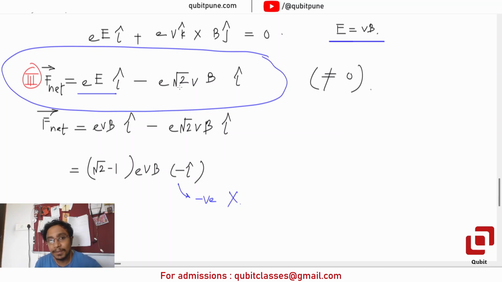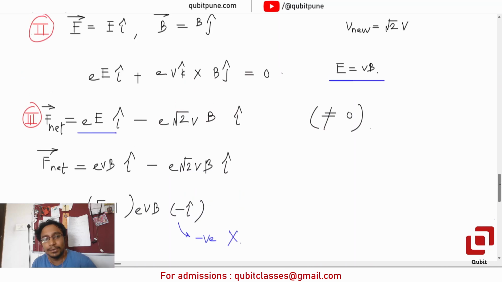Now from the first case we already know that E equals vB. This v is before it is accelerated through 2V, this is V only. So I just put that E as vB.